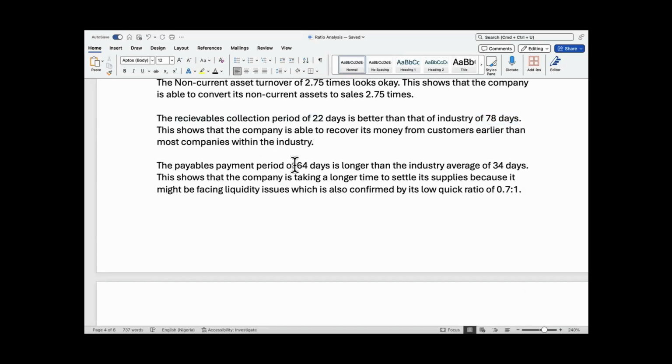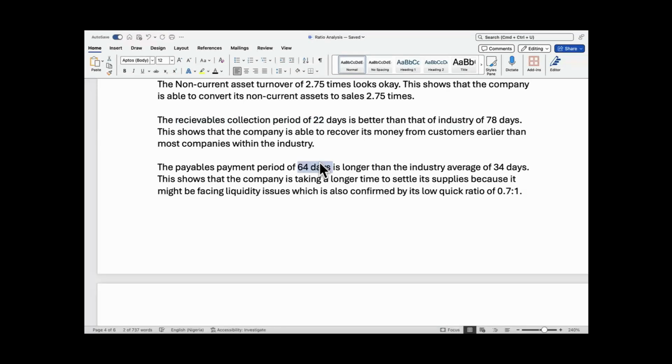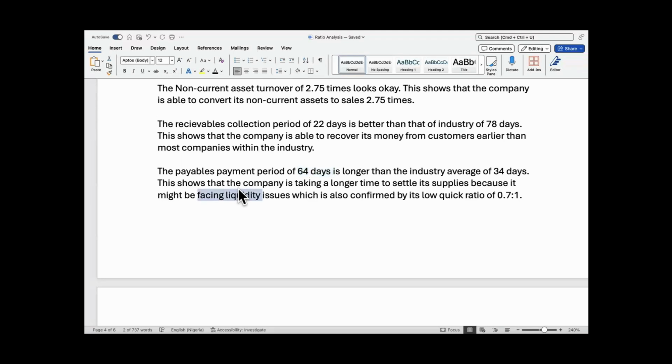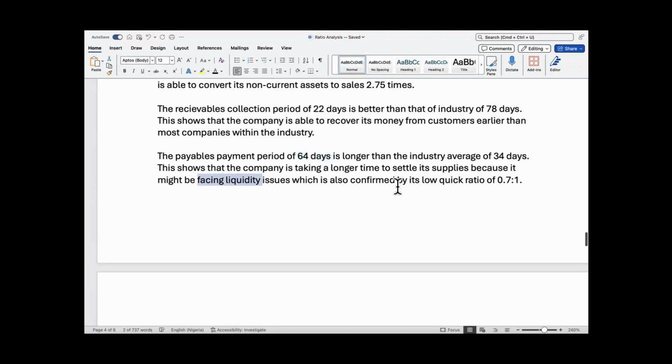I said, the payables payment period of 64 days is longer than the industry average of 34 days. And I said, this shows that the company is taking a longer time to settle its suppliers because it might be facing liquidity issues, which is also confirmed by its low quick ratio of 0.7 to 1.